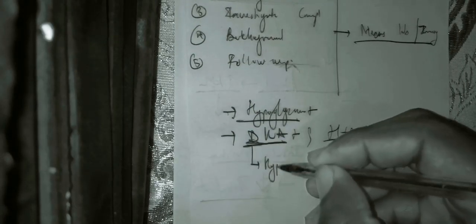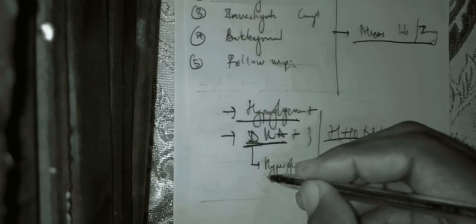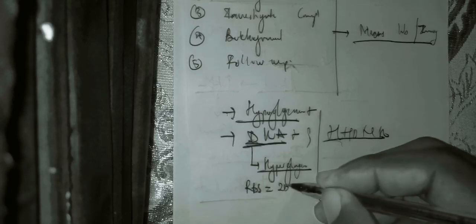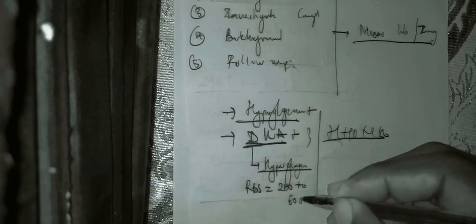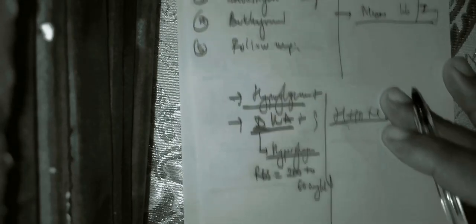But now, to prove diabetic ketoacidosis, we first have hyperglycemia. Usually the random blood sugar in diabetic ketoacidosis is between 250 to 600 milligram per deciliter. So if a patient has a blood sugar between 250 and 600, you think of diabetic ketoacidosis. That's the first element.